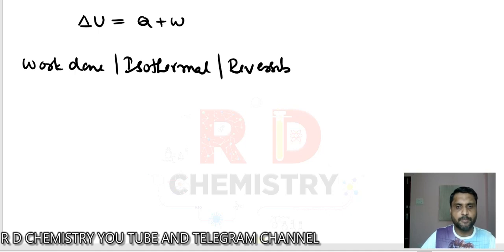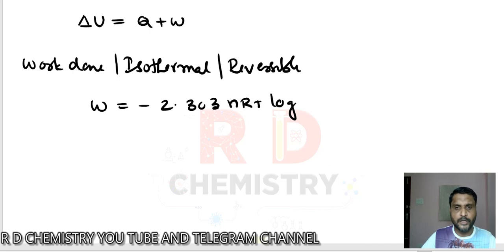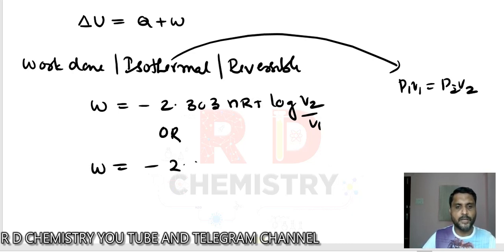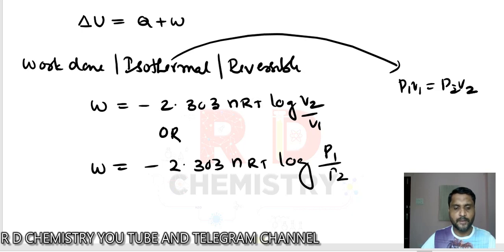During a reversible process, we have the formula W is equal to minus 2.303 nRT log of V2 divided by V1, correct? You know the isothermal condition, temperature constant for gases, P1 V1 is equal to P2 V2, Boyle's law, correct? So I can replace this as W is equal to minus 2.303 nRT log of P1 divided by P2.